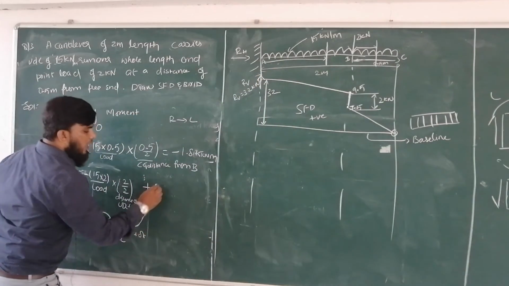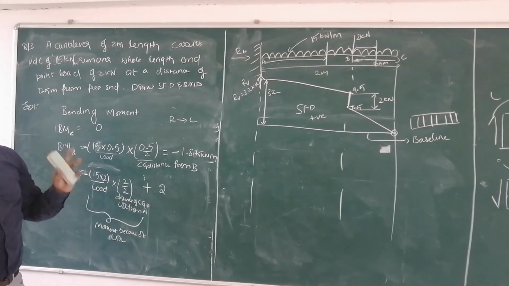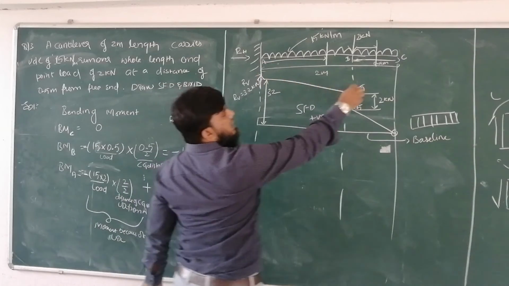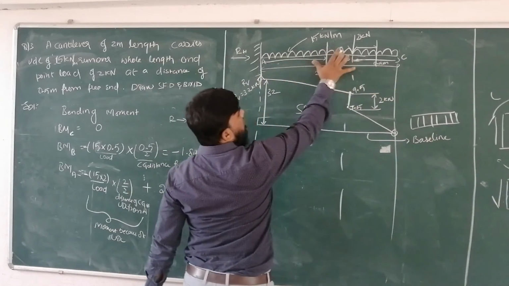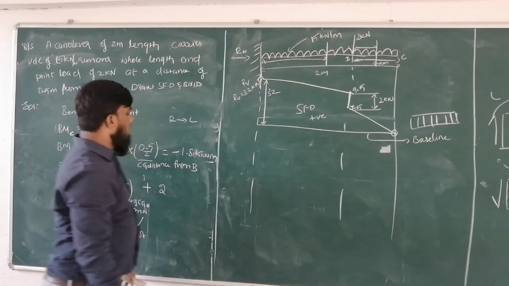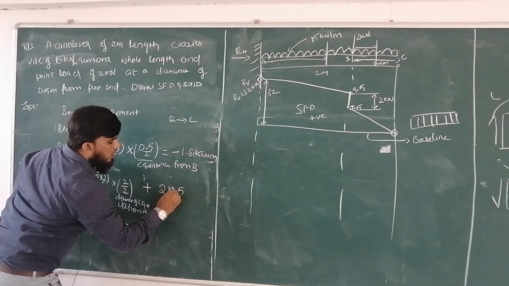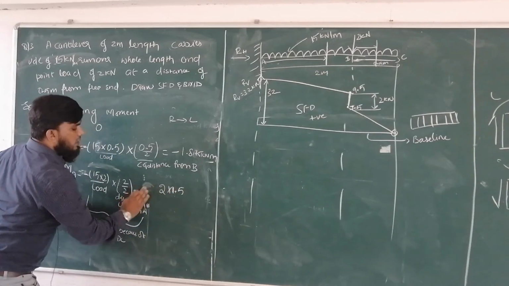So the point load value is 2. From load 2 to point A, the distance is 0.5 gone out of this 2 length, so what is this distance? It is 1.5. So what is the value for this? Sorry, this is also minus.